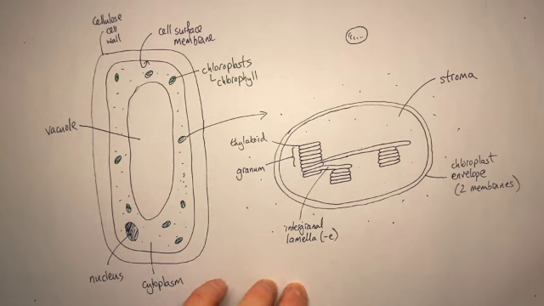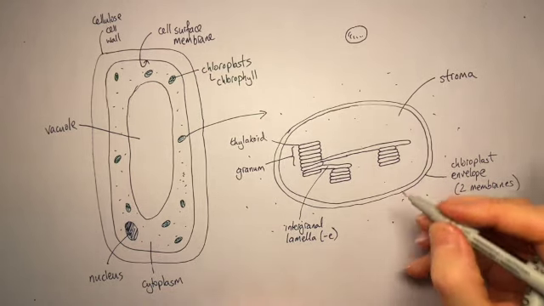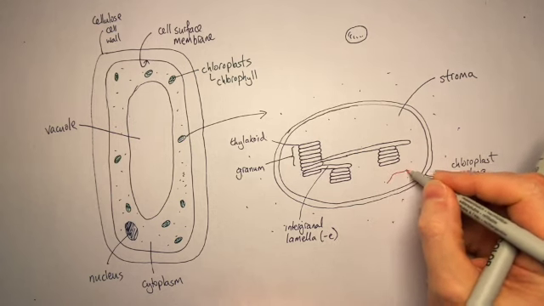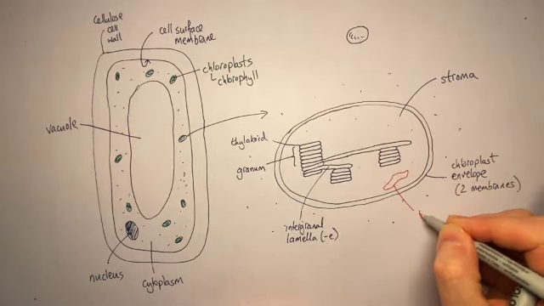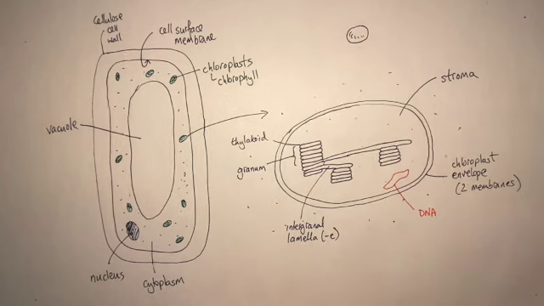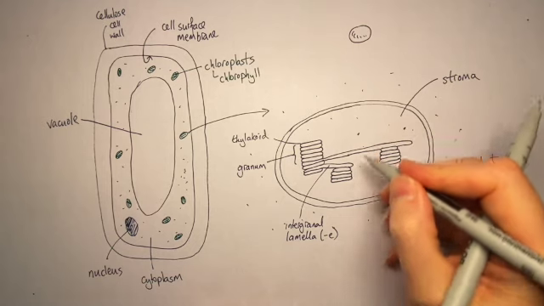And then there are some other things that are a bit exciting and not exciting in the stroma. Excitingly, we have a bit of DNA. Not as excitingly, we have some lipid droplets.